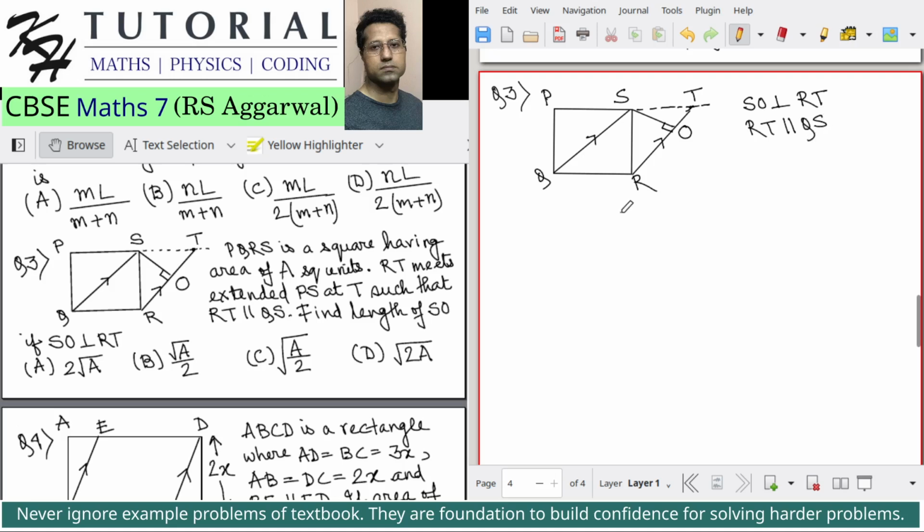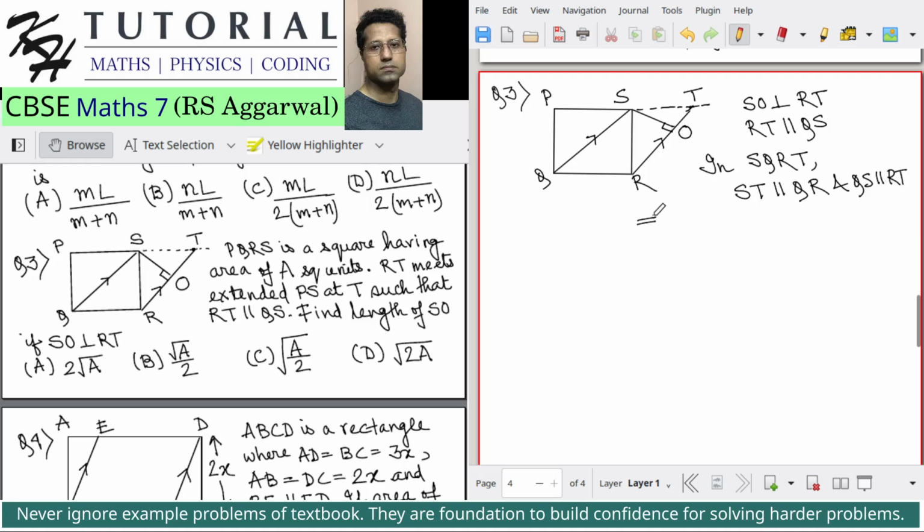Now, we can clearly see that in the quadrilateral SQRT, since ST is an extended side of PS, we will have ST parallel to QR. Since PQRS is a square, QR is parallel to PS, so definitely QR will also be parallel to ST. And it is given that QS is parallel to RT.